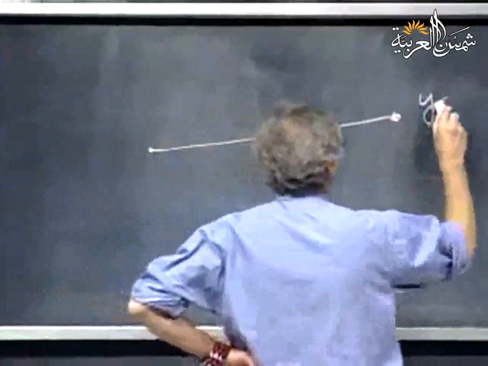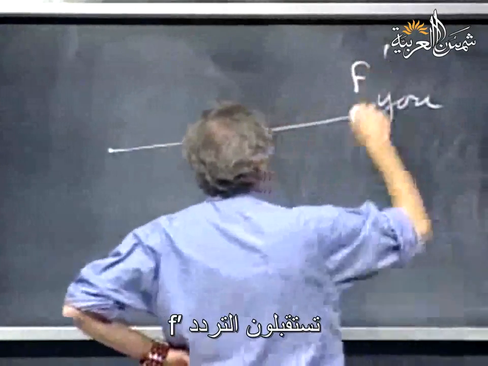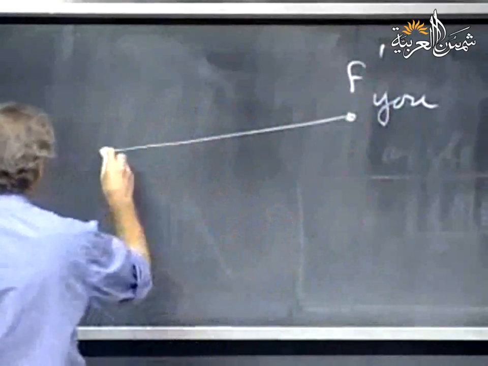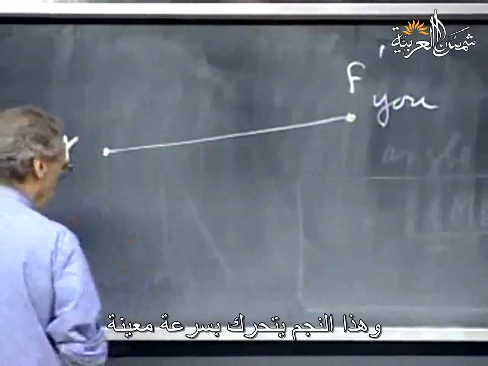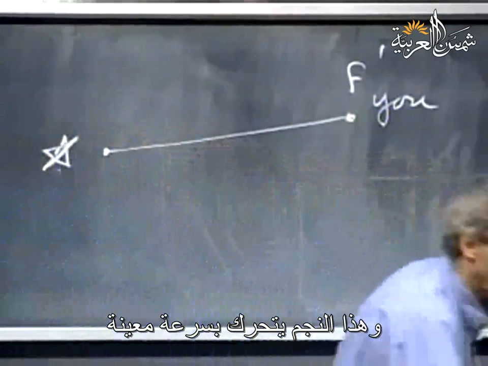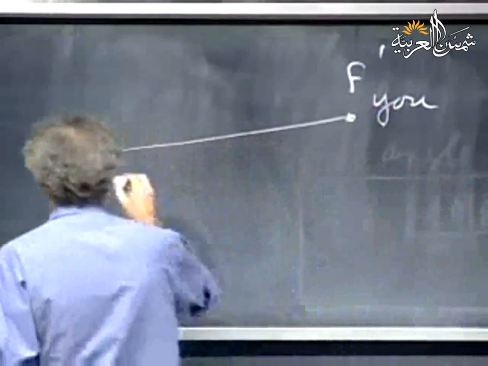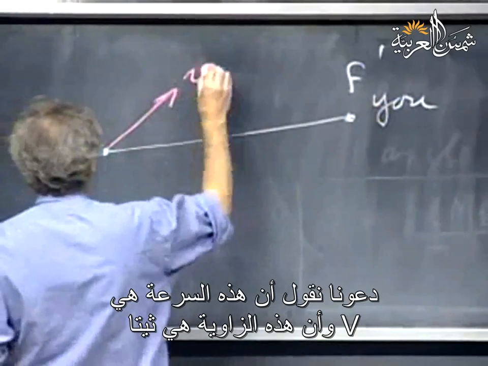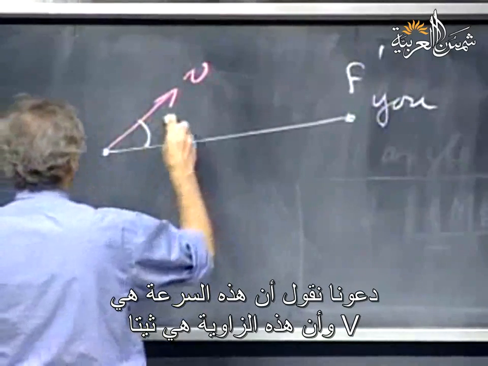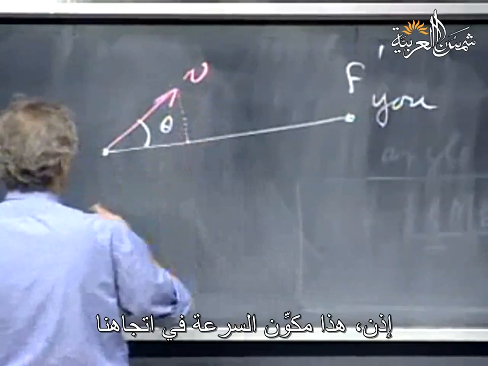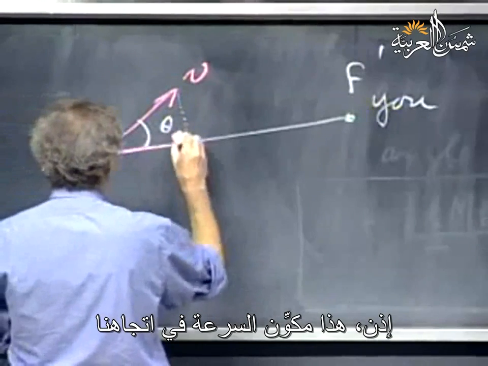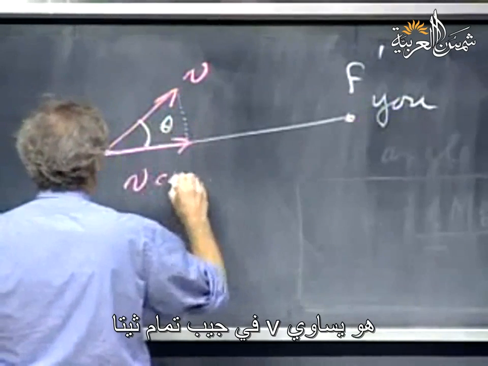You are here. You are receiving a frequency f prime, and here is that star, and that star is moving with a certain velocity. Let's say this velocity v, and this angle is theta. So this component of the velocity in our direction is v cosine theta.